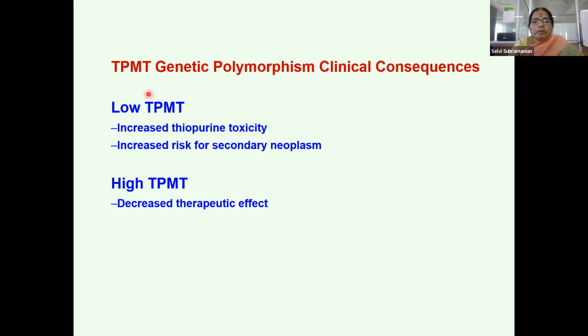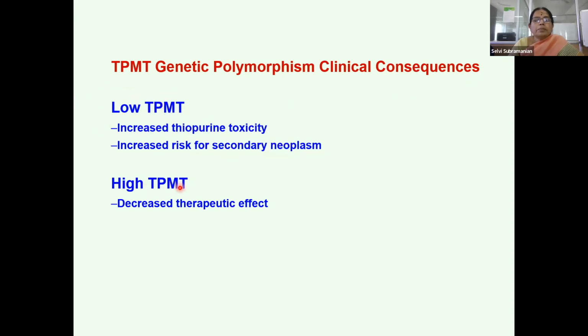Some individuals have low TPMT activity because of the DNA polymorphism, and they will have increased toxicity and increased risk of secondary neoplasm. So although it is a medicine for cancer, the side effect, secondary neoplasm, will happen because of the low TPMT activity.